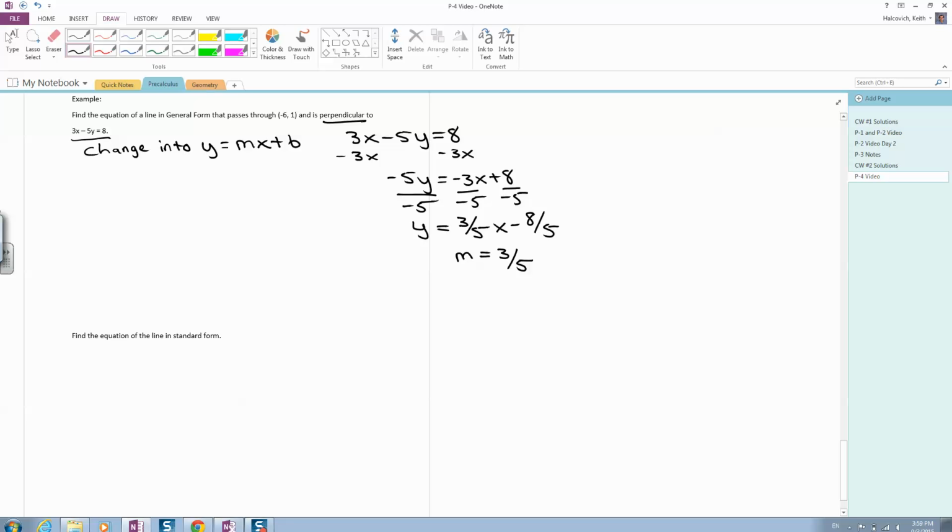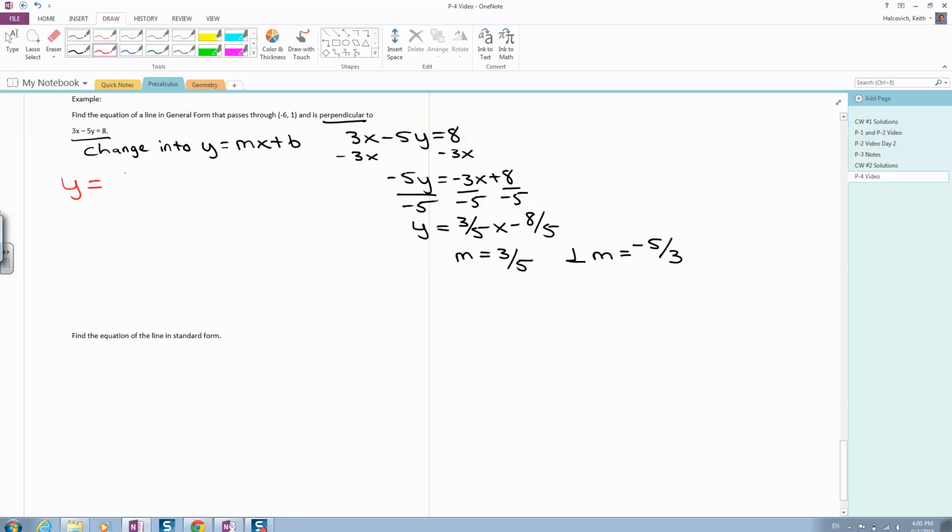So if it has to be perpendicular, the perpendicular slope is the opposite reciprocal, so it's -5/3. So when we write the equation of the line, our slope is going to be -5/3 because it's perpendicular.